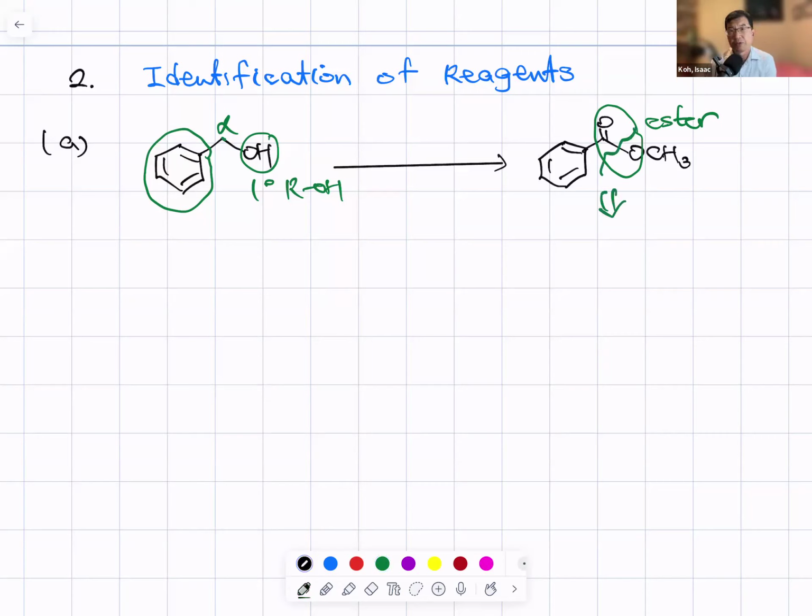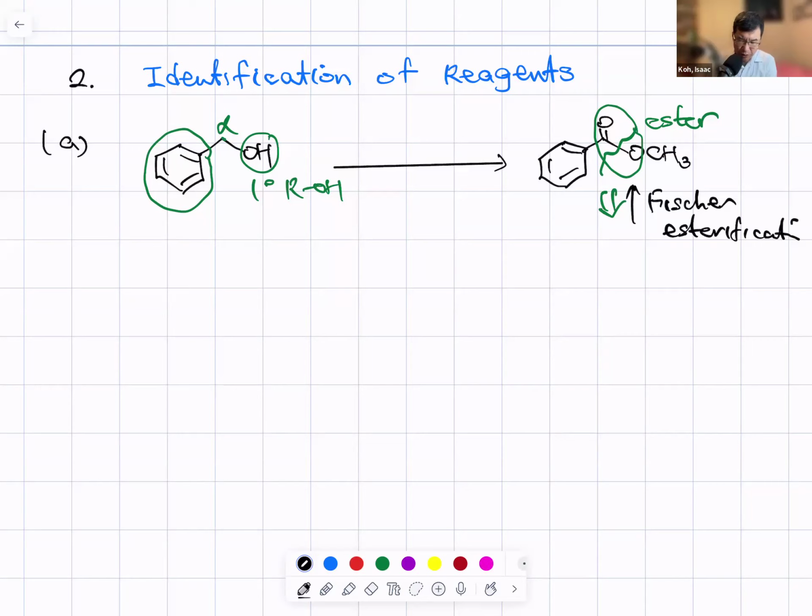An ester can be formed in many different ways, but one of them is Fischer esterification. So here, let's think about Fischer esterification.